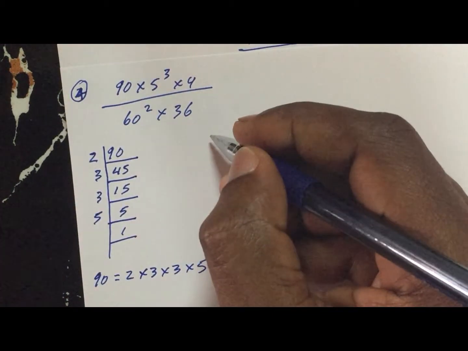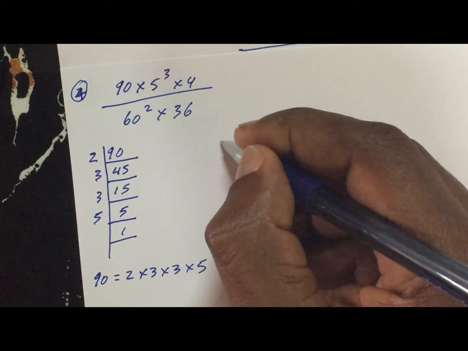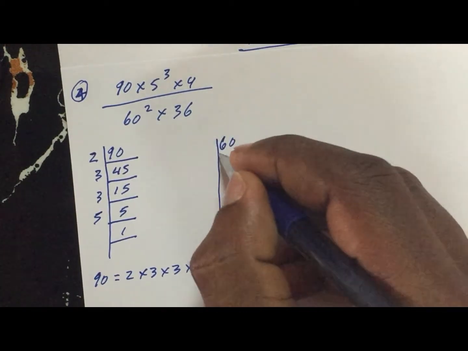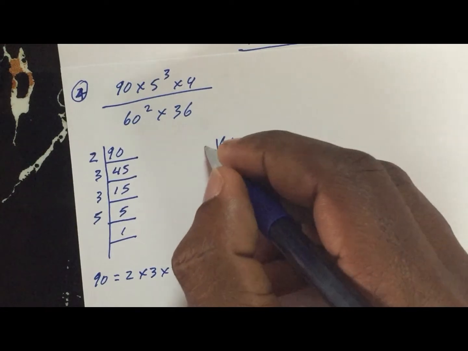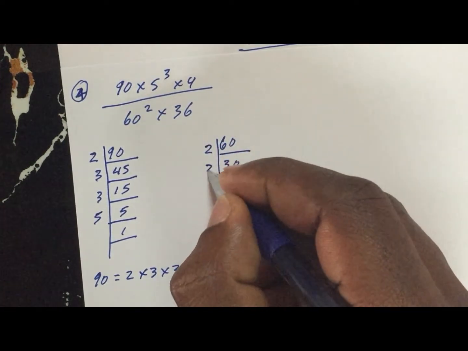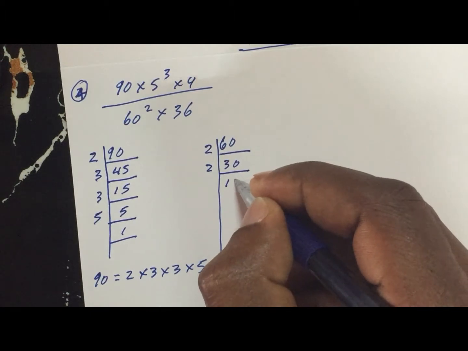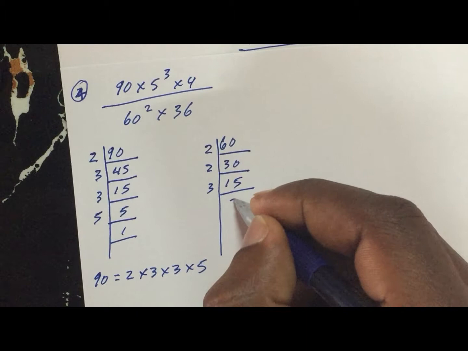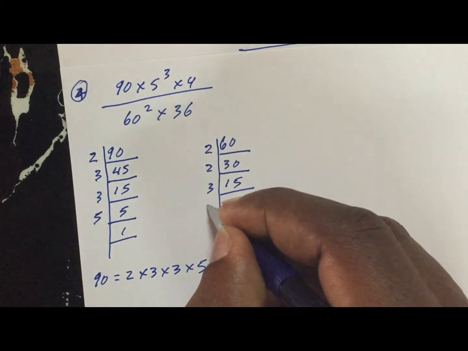So the next one would be 60. 60 divided by 2 gives us 30. Divided by 2 gives us 15. Divided by 3 gives us 5.